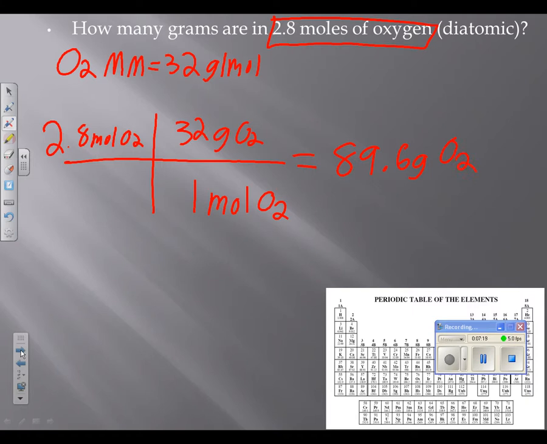All right, so that's how you should have solved that problem. Remember, O2 is diatomic, which means there's 2 oxygens, not just 1. So if this number was 16, just make sure you know that diatomic means that it's going to be O2, not just O.